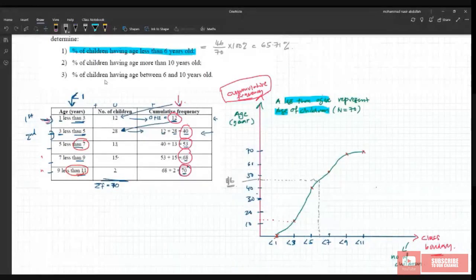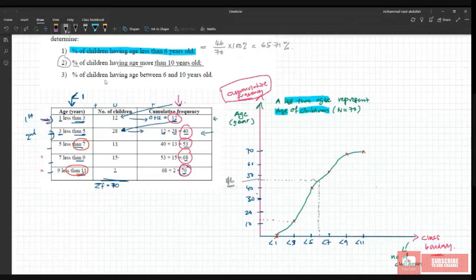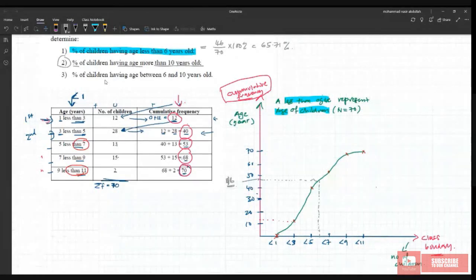Now, question number 2, percentage of children having age more than 10 years old. So you need to always remember, we are drawing a less than ogive, means less than. The value of 46 here represents children having less than 6 years old. So now for the second question, we want to know the percentage of children having age more than 10 years old.